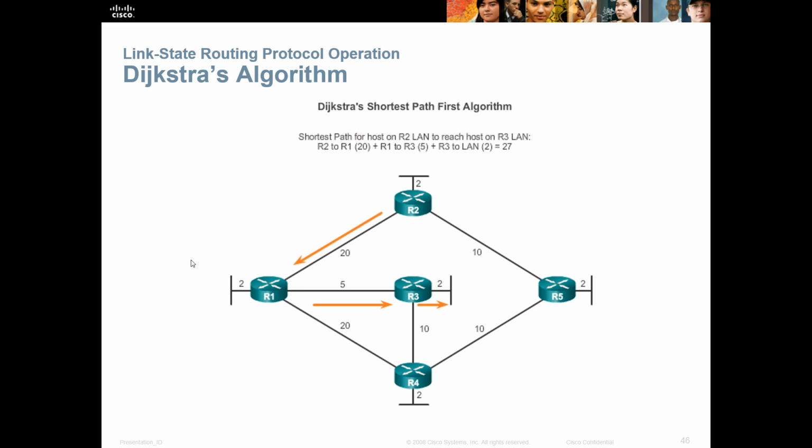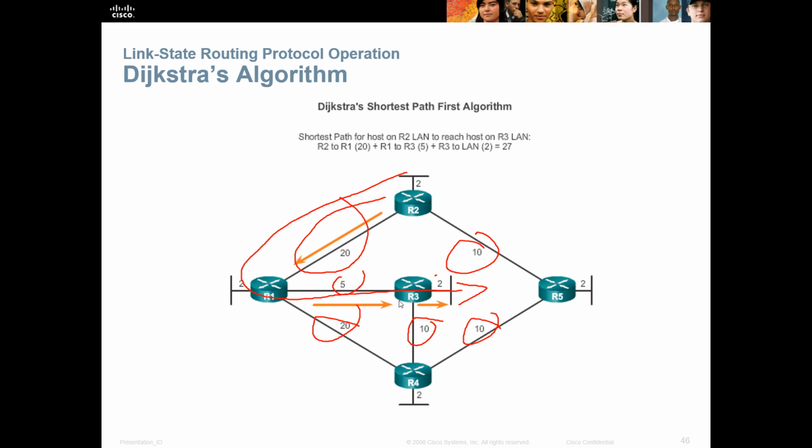If we want to go from router 2 to router 3, it knows all the link values. So it knows the appropriate way to send it. It knows to send it this way because that's going to cost 27. And it will not send it this way because that's going to be 10 plus 10 plus 10, which is 30, plus 2.